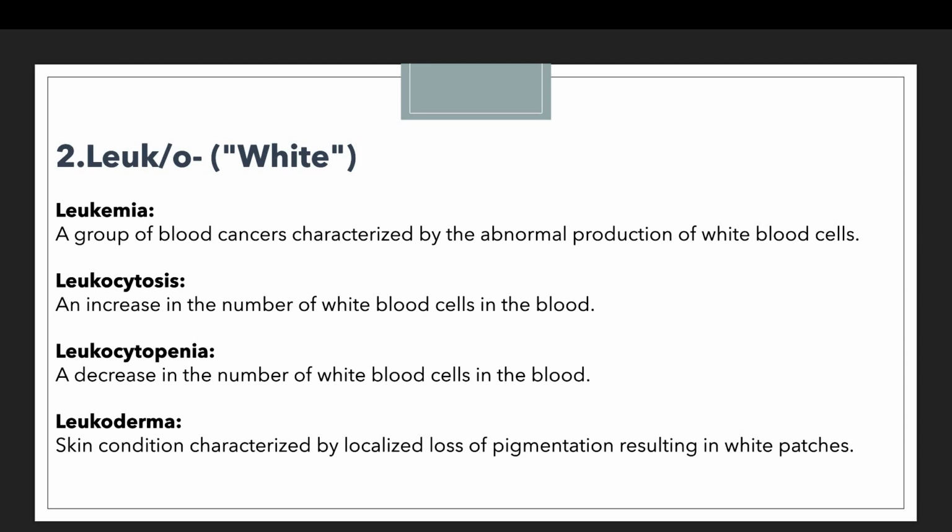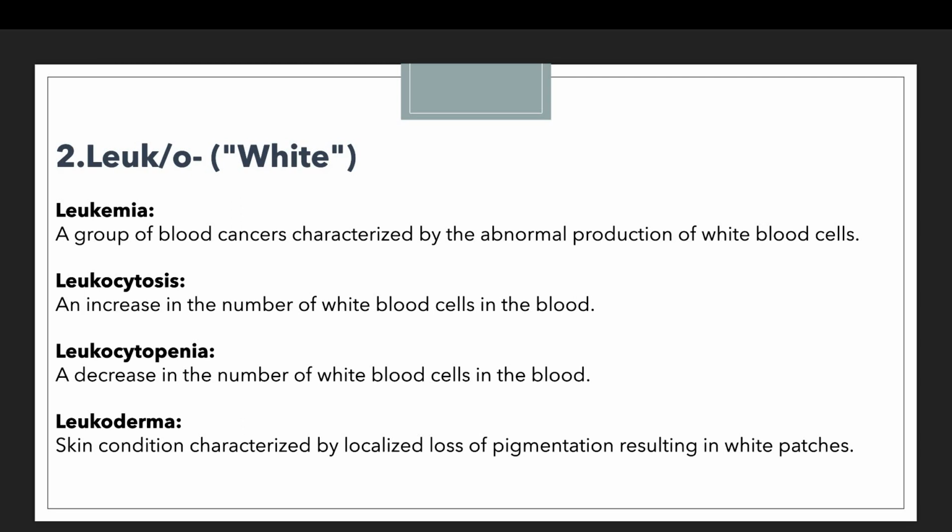Now just opposite of it, we have leukocytopenia, which means a decrease in the number of white blood cells in the blood. So when the white blood cells are decreased, we will denote it with leukocytopenia, which also starts with the prefix leuco and denotes white.